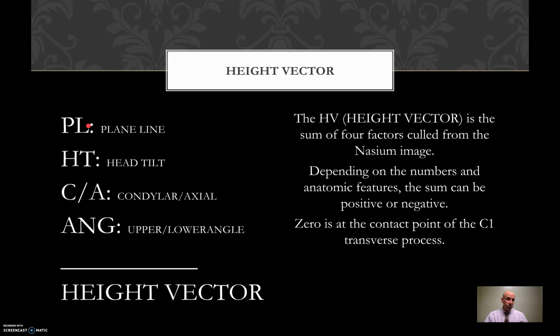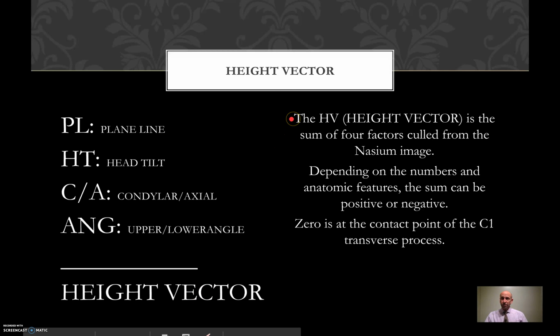We have a plane line measurement, we have a head tilt measurement, we have a condylar axial relationship measurement, and an angles measurement. So these are the four pieces of information that we've already measured, but they need to be calculated in order to come up with the height vector.